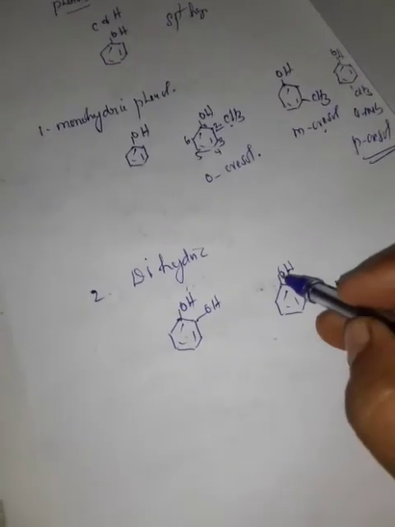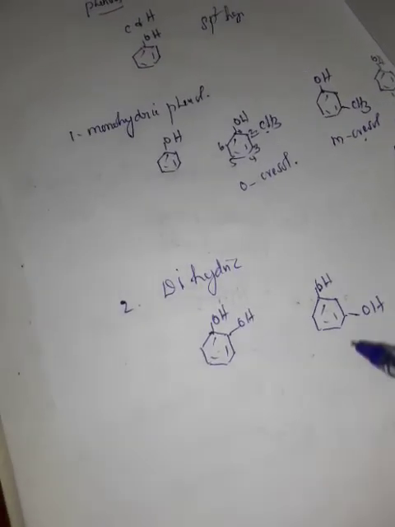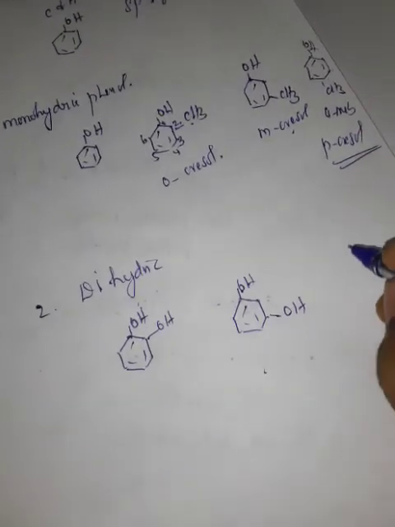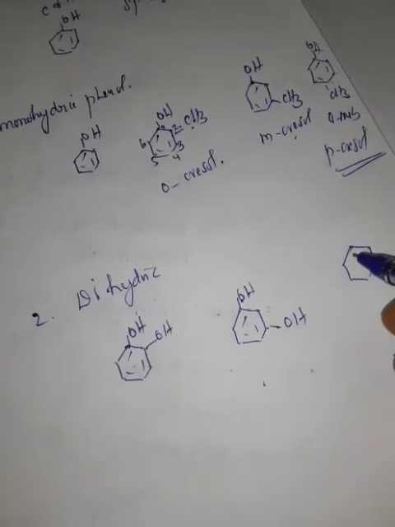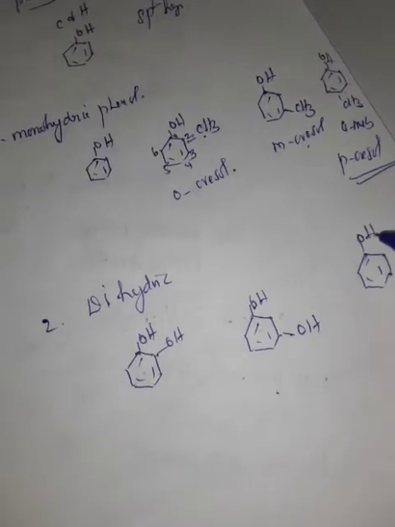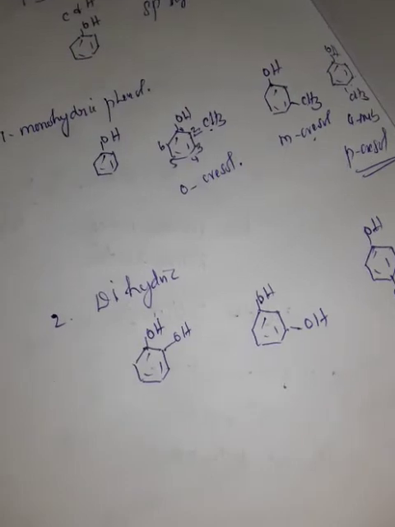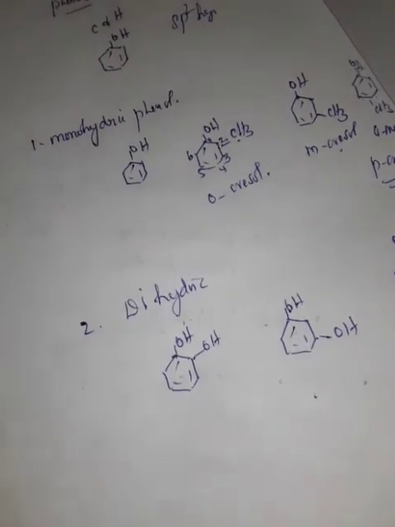This is called 1,3-dihydroxybenzene. The common name is resorcinol. One more compound I'll write. OH, OH, 1,4-dihydroxybenzene. The common name is quinol. So dihydric means a compound having two OH groups.